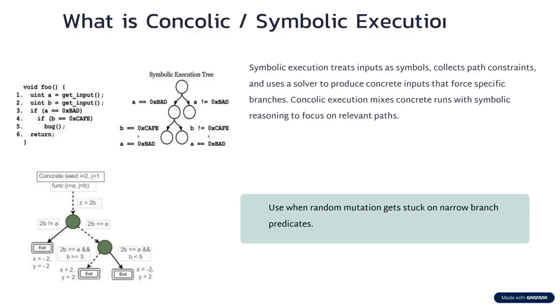Each time the program encounters a conditional, like an if statement, the symbolic execution path splits into two. In the tree, each fork represents a branch condition. So instead of guessing values randomly, symbolic execution records these conditions, like x must be greater than 10 or y must equal some value. It then asks the solver to compute the specific values that satisfy those conditions.